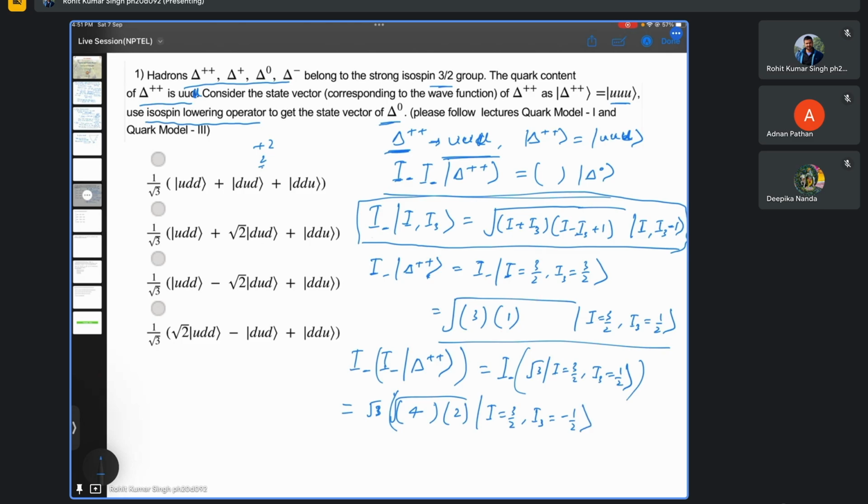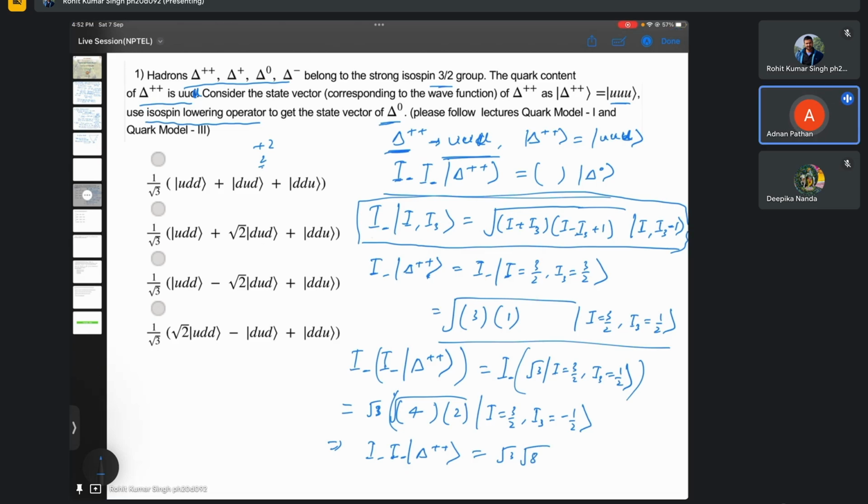So finally, when you apply the lowering operator two times on delta plus plus, you will get under root 3 into under root 8.